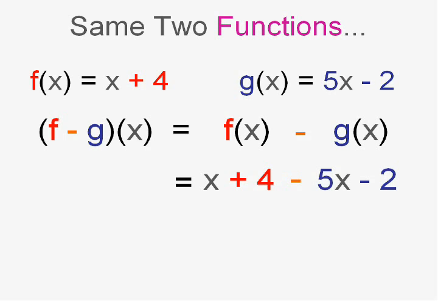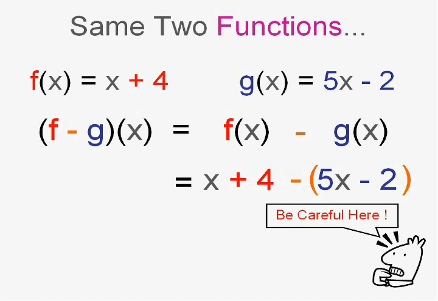We have to subtract all of 5x minus 2. Probably you want to use parentheses here, because when we subtract a negative 2, something crazy is going to happen, isn't it?